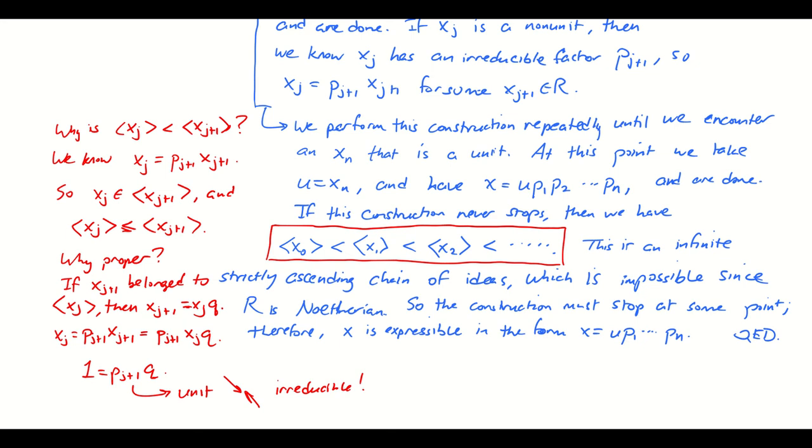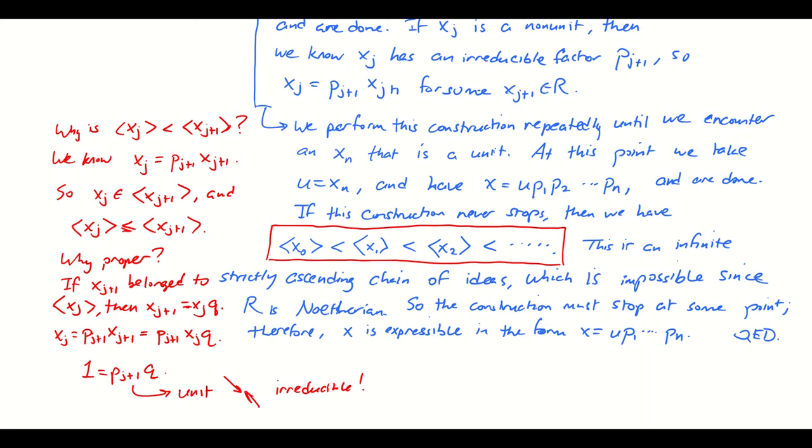And that's where we get the fact that each ideal in the chain is a proper subset of the next one, because we can run this entire argument again. There's really nothing new about it. The only thing that is a little bit different is this time, rather than just saying this is a non-unit, we're saying this is irreducible, which makes it a non-unit.